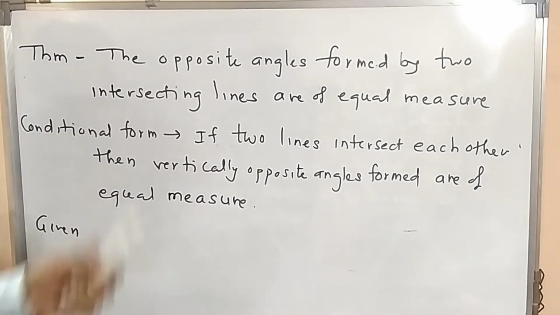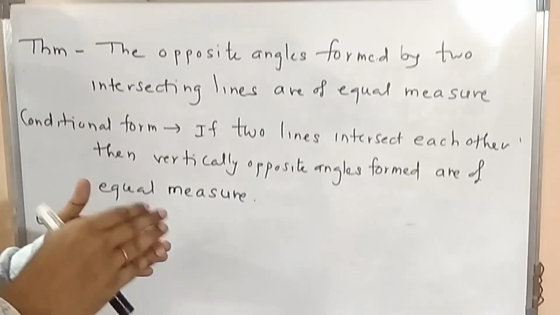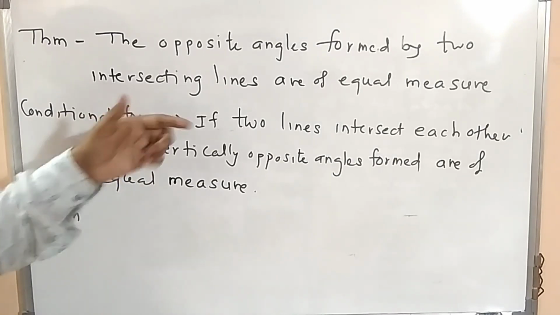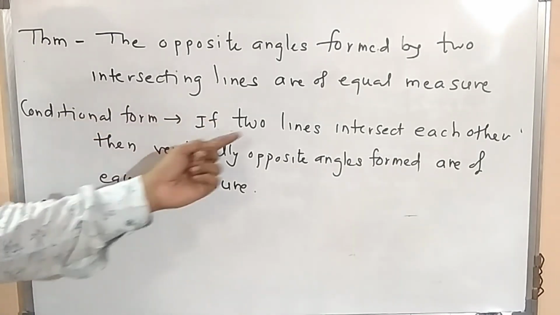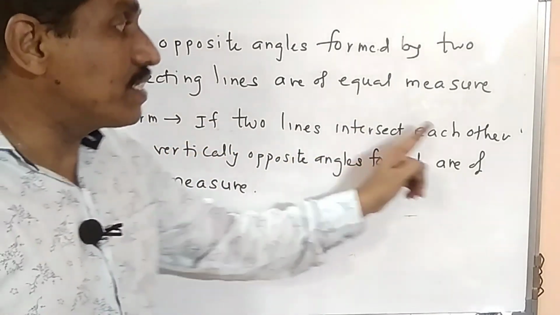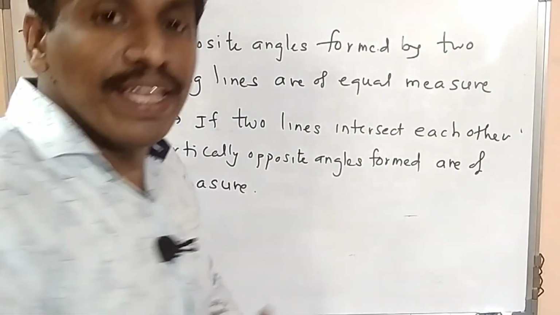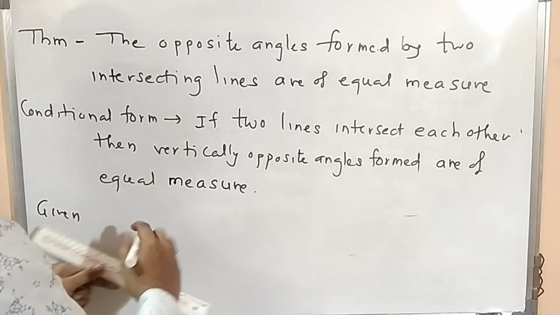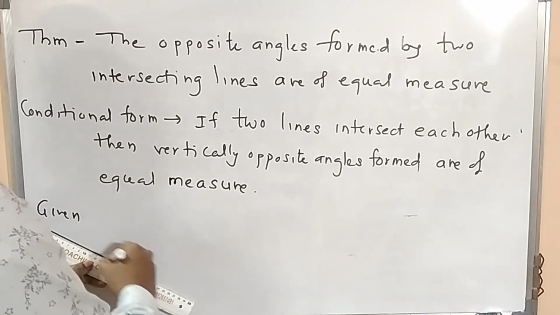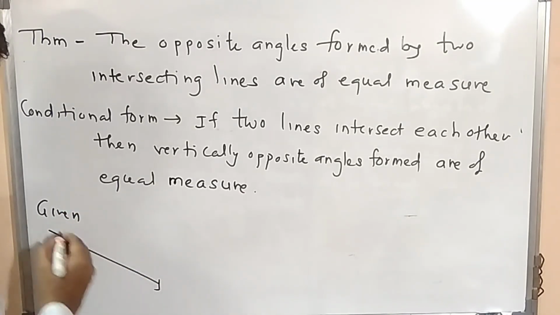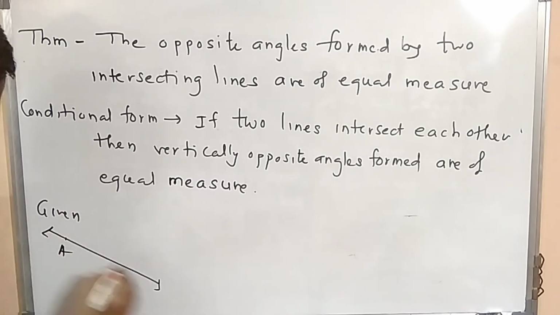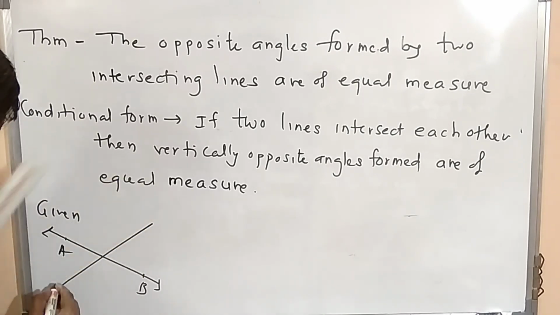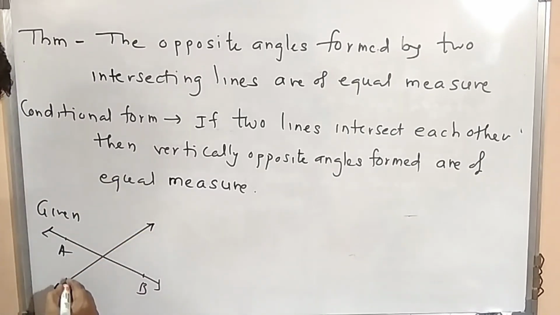Now I have to identify what is the given part and what is the to-prove part. Given part: the part of a statement between if and then, two lines intersect each other. This is my given part. So I will draw two intersecting lines. Suppose this is line AB and this one is line CD.